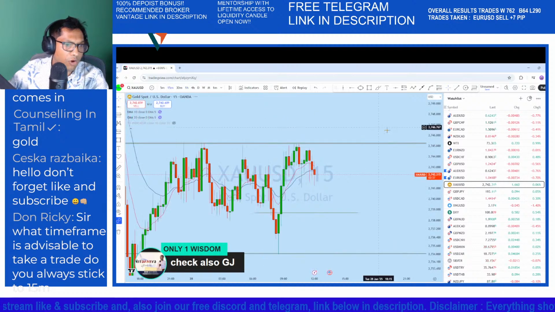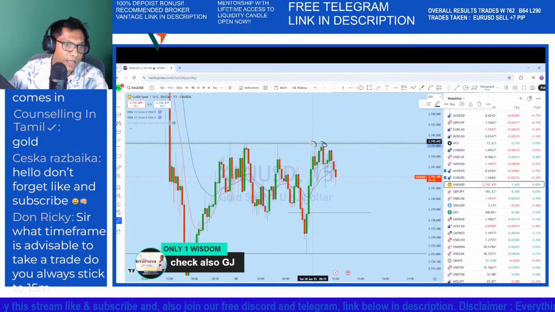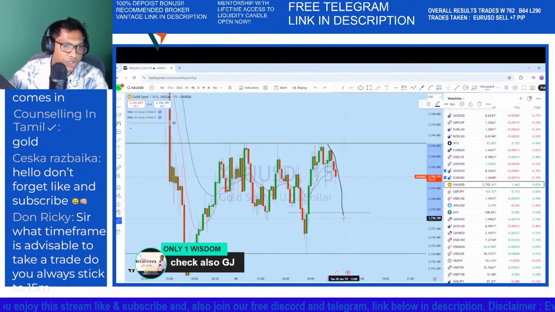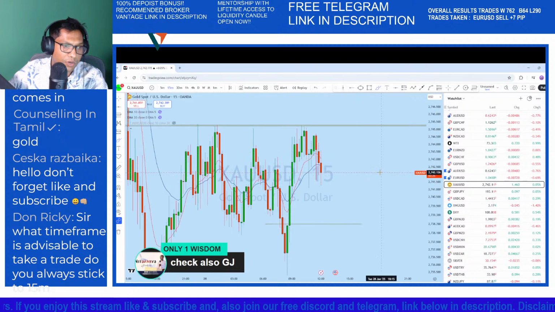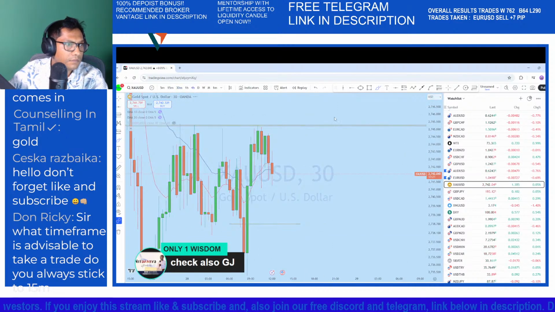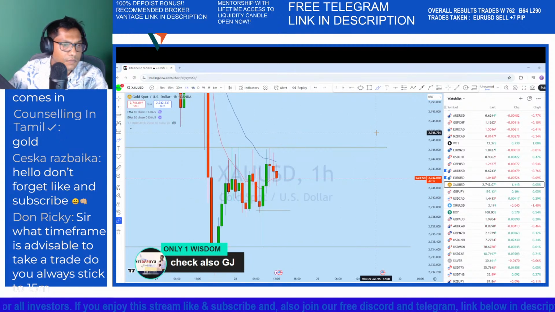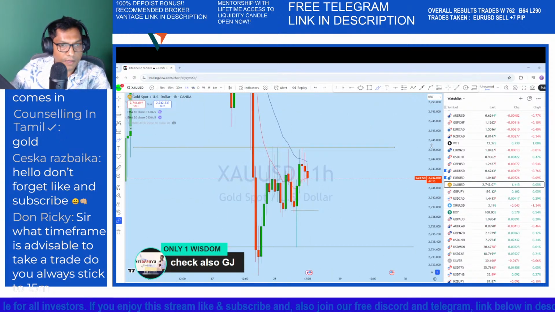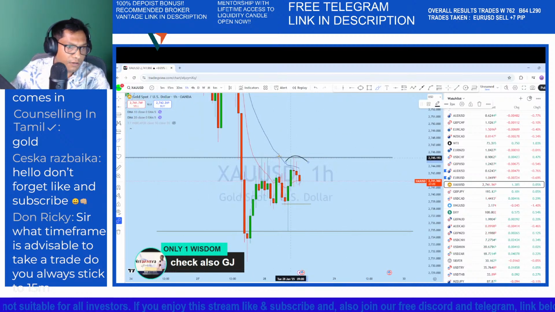On the lower time frame on XAUUSD, we can see there is a head, left shoulder, and right shoulder, and with the head and shoulder formation we could see the price potentially coming back to this support level here. And from that perspective, you can see there is a triple top here.